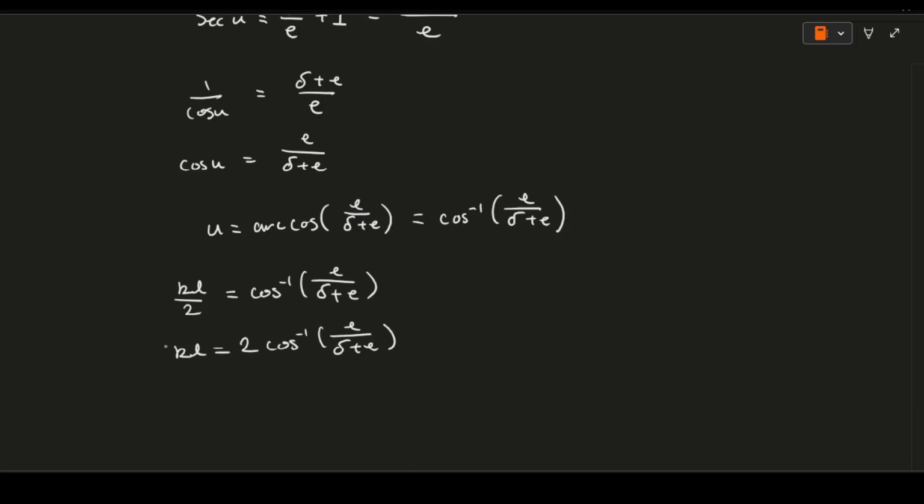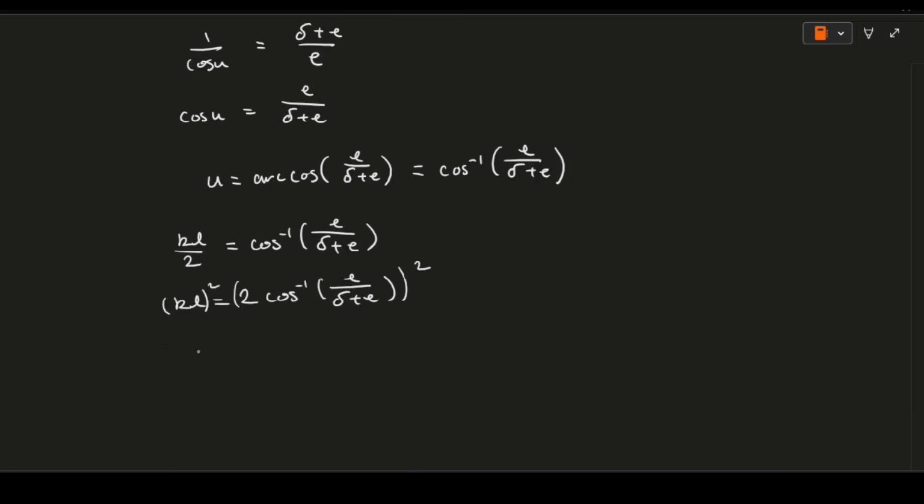We can square both sides, and we get that k squared is equal to 4 times cosine inverse of e over delta plus e, all this squared, and we can divide by L squared.